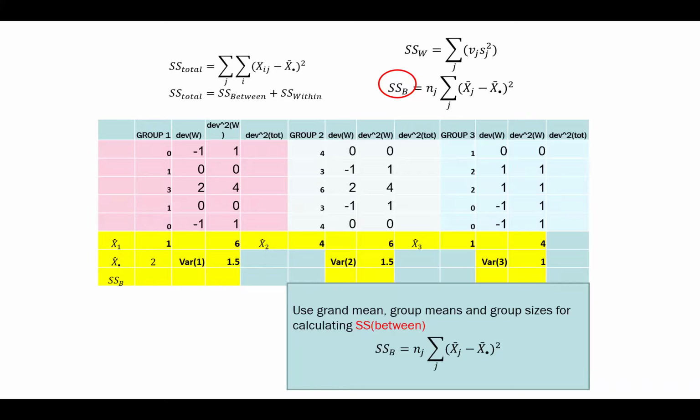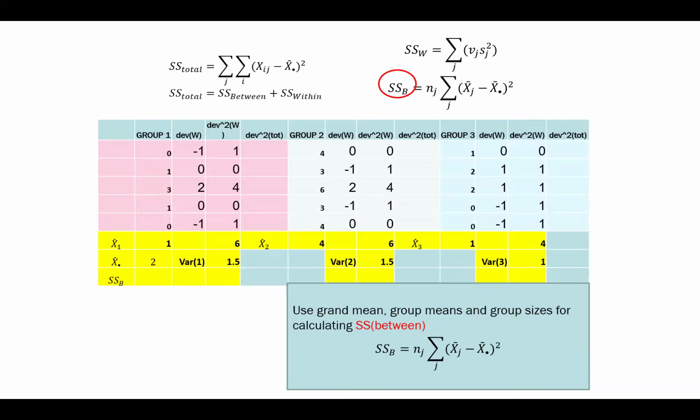We're going to start calculating each of our big terms: sums of squares between, sums of squares within, sums of squares total. And we have all the components we need for that. So sums of squares between is n sub j times the sum of all the squared deviations of group means from the grand mean. What's that about?